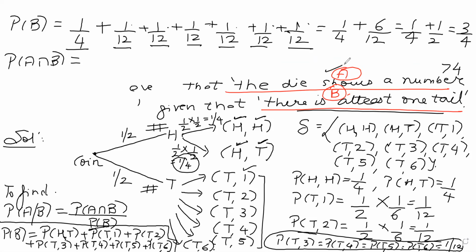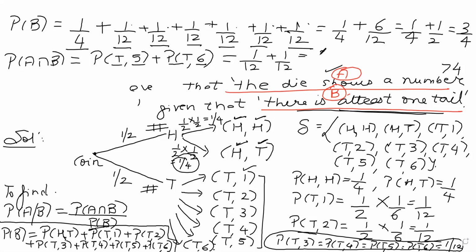This was event A, and there is at least one tail. That means I need to have both. Number should be greater than 4 and at least one tail. So this is probability of T5 plus probability of T6. Because in this case, we have a number greater than 4 and we have at least one tail. Now T5 is 1 upon 12, T6 is 1 upon 12. So this is 2 by 12, which is 1 upon 6.